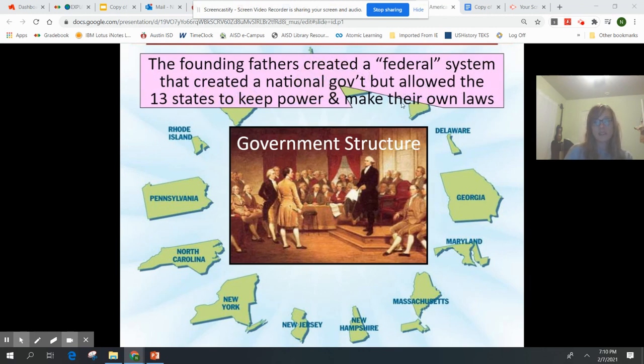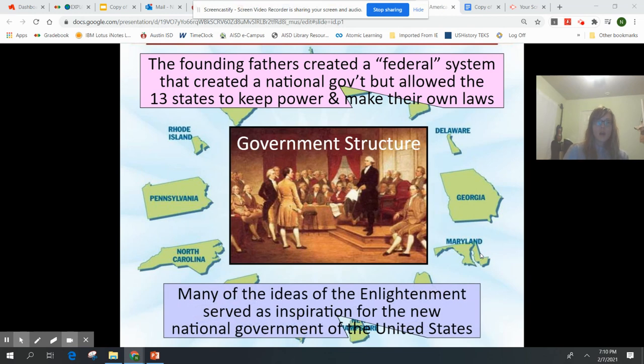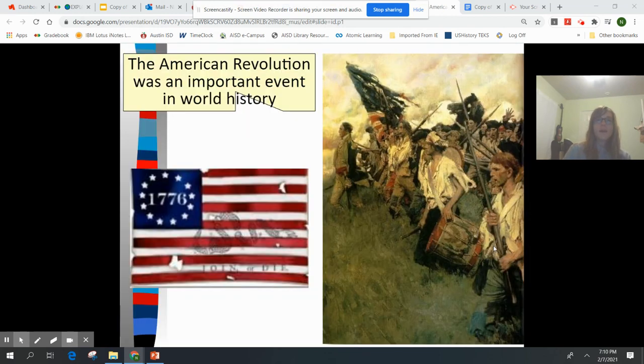And so the intent, the thought behind it is that you're going to allow people to make their own rules. So remember, popular sovereignty was really important to the founding fathers. And so from that, however, the government they set up is a little bit too weak and they have to come up with a new constitution.